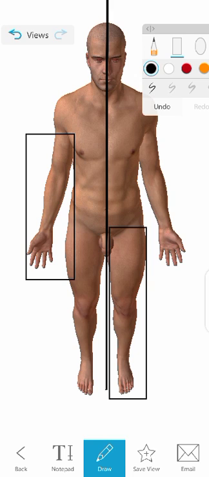So when we say the elbow is proximal to the wrist, we can see the elbow is proximal to the wrist. And when we say that, we mean the elbow is closer to the trunk than the wrist. And one thing you should notice is that whenever we use proximal and distal, as I said, we use them in reference to our limbs.